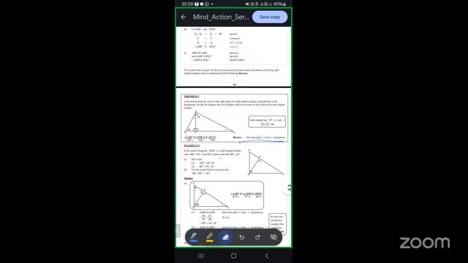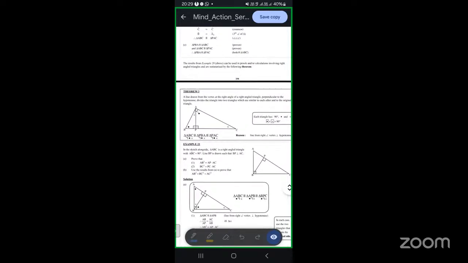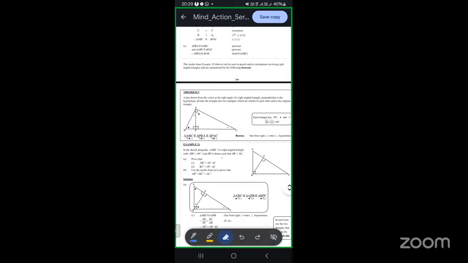Okay, now we've got this example 21 here on the screen. We are saying in the sketch alongside, triangle ABC. Okay, we are given this triangle ABC, and you can see that this triangle is a right angled triangle, with some angle there on it, ABC.